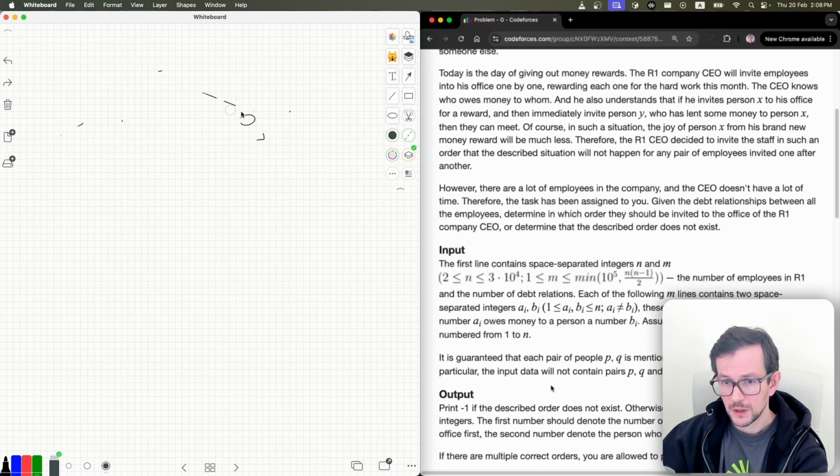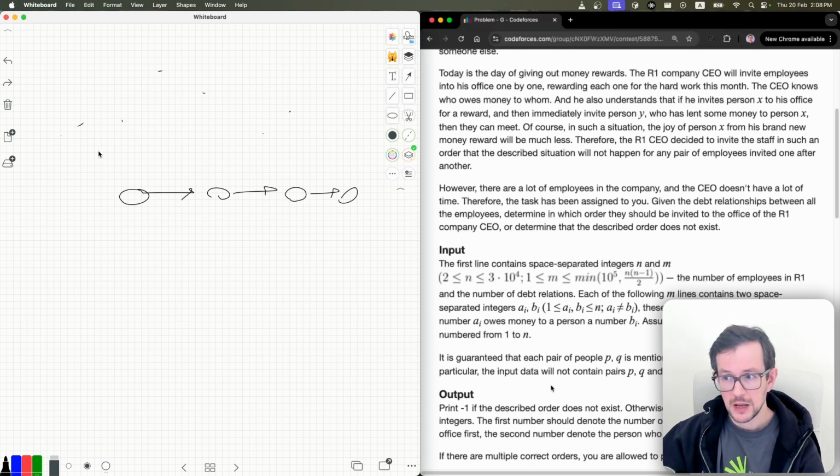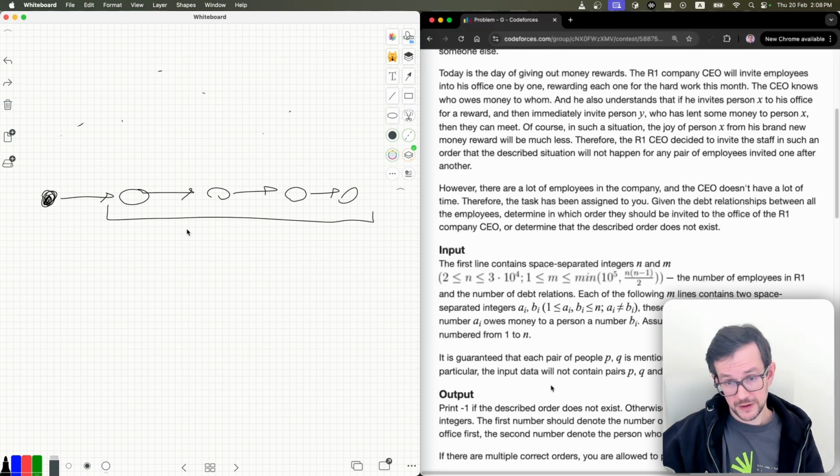I have a linked list of elements. For each element, I have a pointer to the next element. Like I usually implement a linked list, I have a special element like a virtual head, and I have a pointer here. So this is my current ordering.